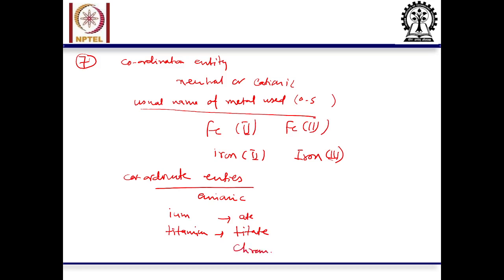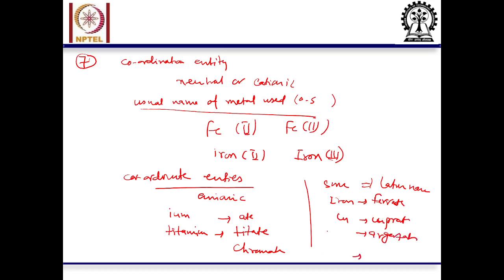Similarly, chromium becomes chromate. Like niobate, rhodate, all those things we have to do. Others remain the same. One important thing is that for some metals, the Latin name is used. For iron, the Latin name is ferrum, so we write ferrate. Cuprate for copper. For silver, we write argentate.